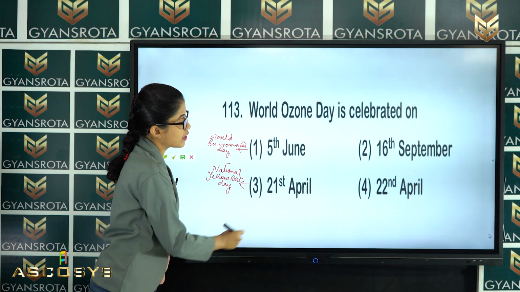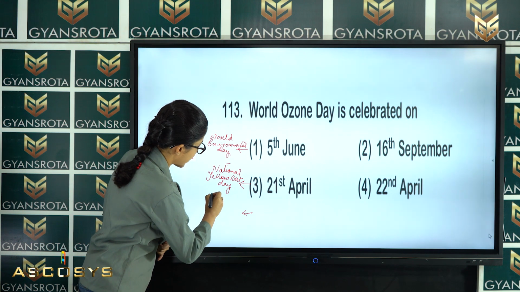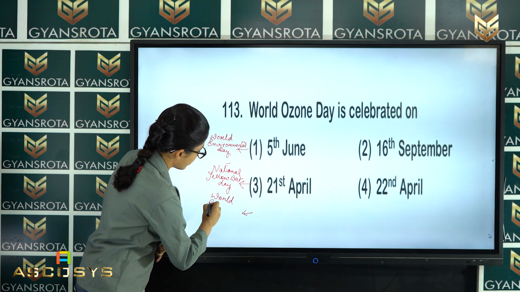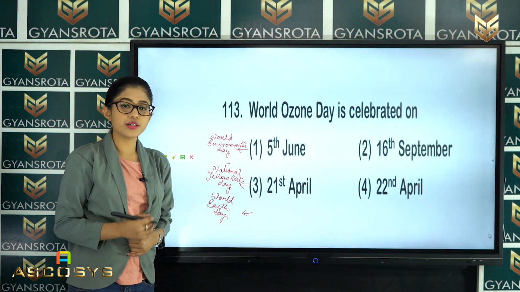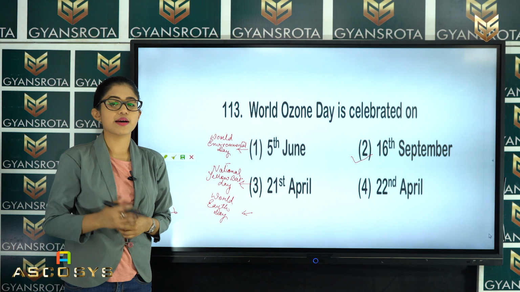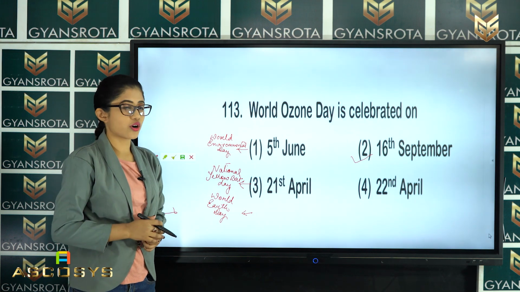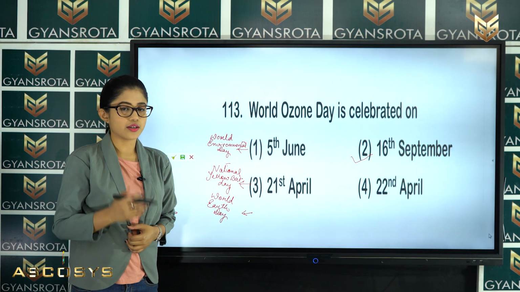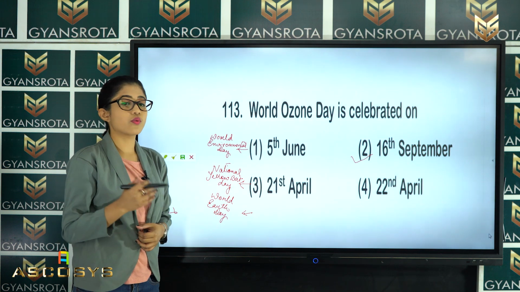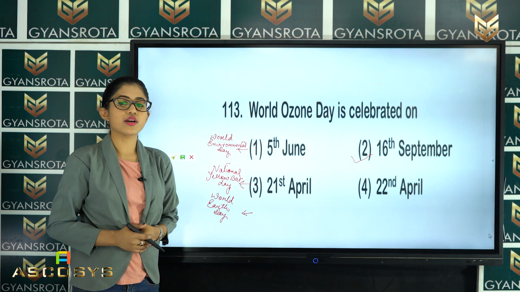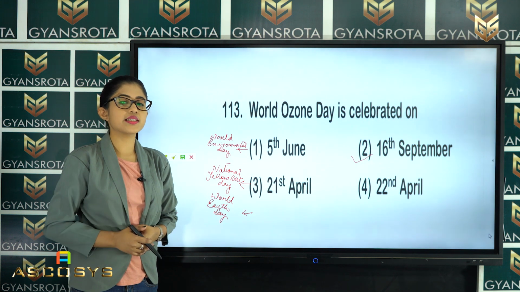Then option number 4, that is 22nd April, is celebrated as World Earth Day. So what is remaining? That is option number 2. 6th September is the correct answer because World Ozone Day is celebrated on 6th September. And all these terms we have already got in the lower classes, and 6th September as World Ozone Day is given in your NCERT textbook of the chapter environmental issues. Alright. Now let's see the next question.